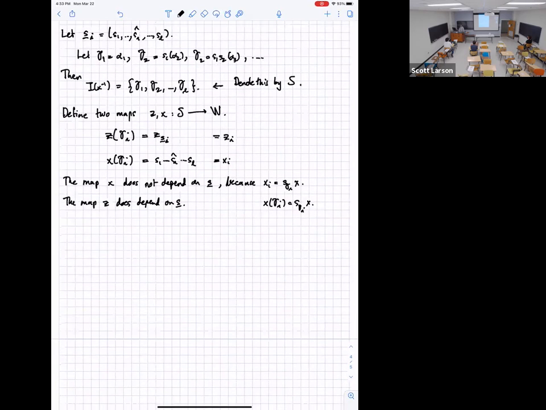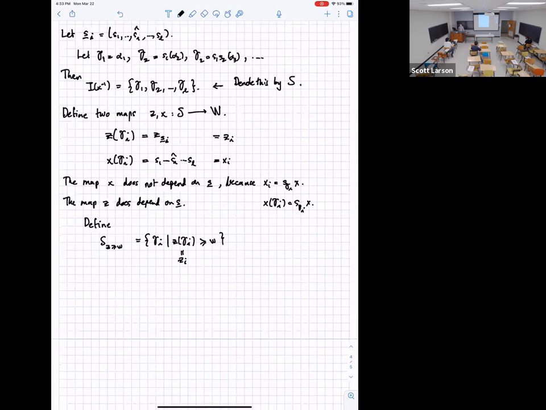So therefore, I can define two subsets of S. I can define the set S of Z bigger than or equal to w. This is just going to be the set of gamma i such that Z of gamma i, which is really just Z i, is bigger than or equal to w.